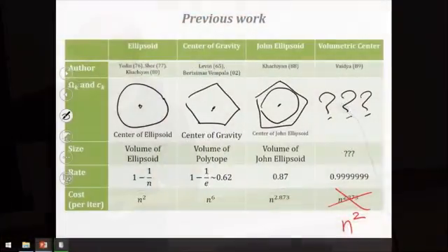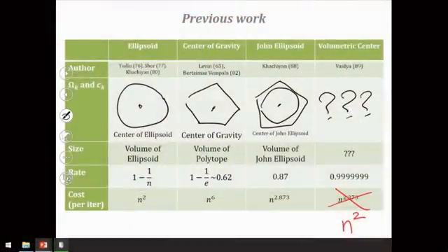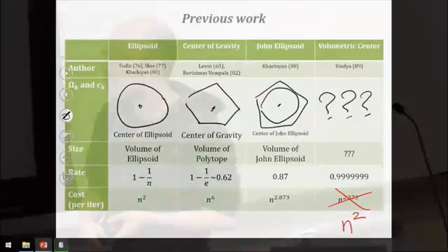Again, it's a constant, and the cost per iteration is just inverting a matrix, so it's n to the 2.3-something. And you can think of this result as improving that to n squared. And I somehow feel this is the natural barrier for this problem because you need to maintain some sort of ellipsoid.